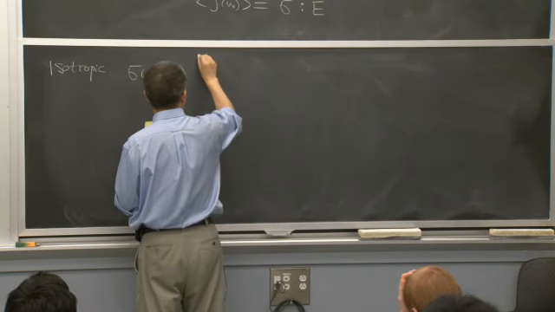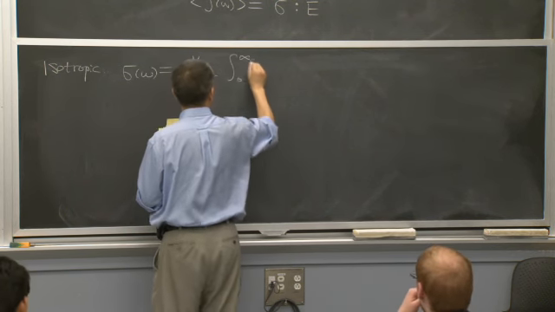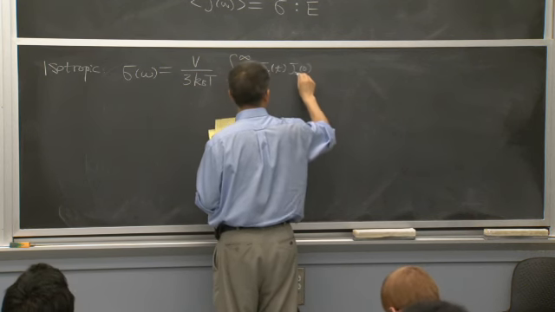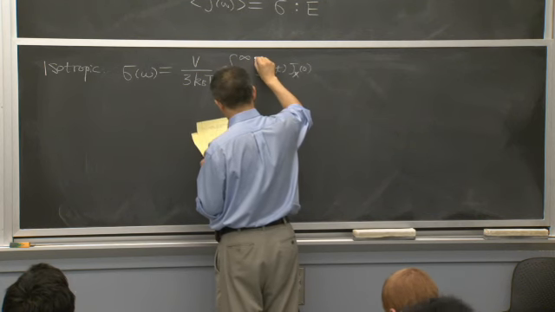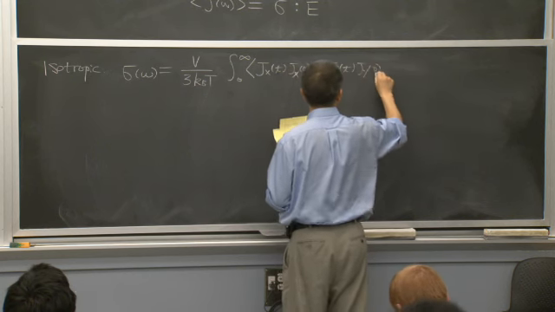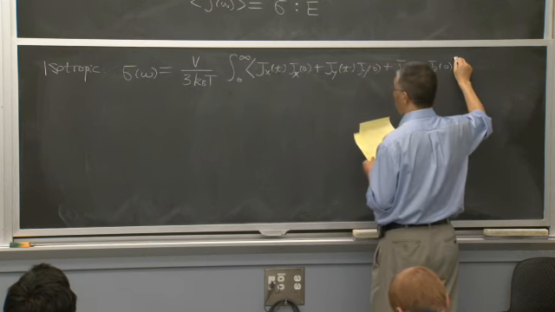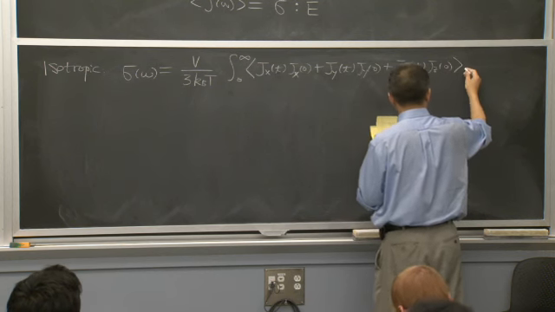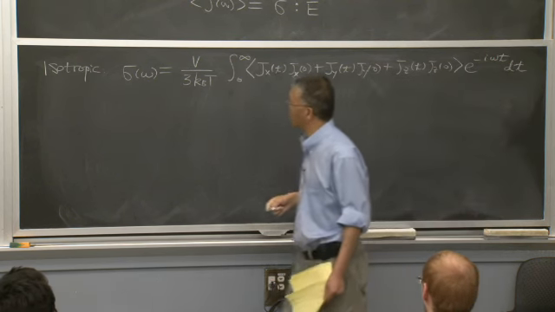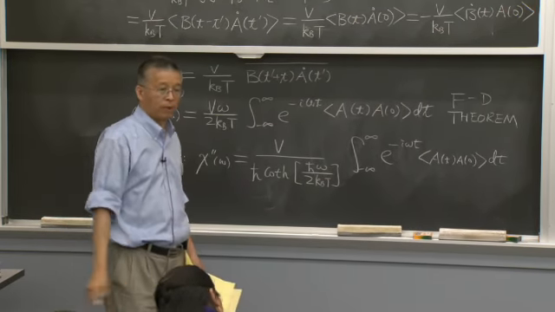In that case, I can average, so it's 1/(3 kBT) integral from 0 to infinity of Jx(t)Jx(0) plus Jy(t)Jy(0) plus Jz(t)Jz(0). Time 0 is the origin you choose, and then I have exponential minus i omega t dt. So this is the frequency component of the electric conductivity of this system I simulated.